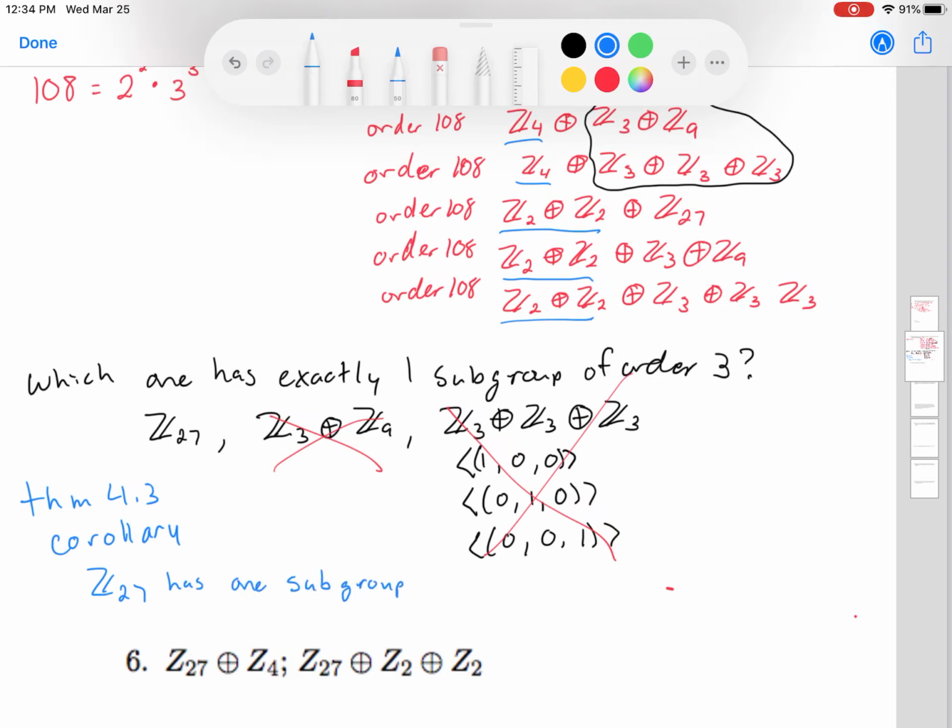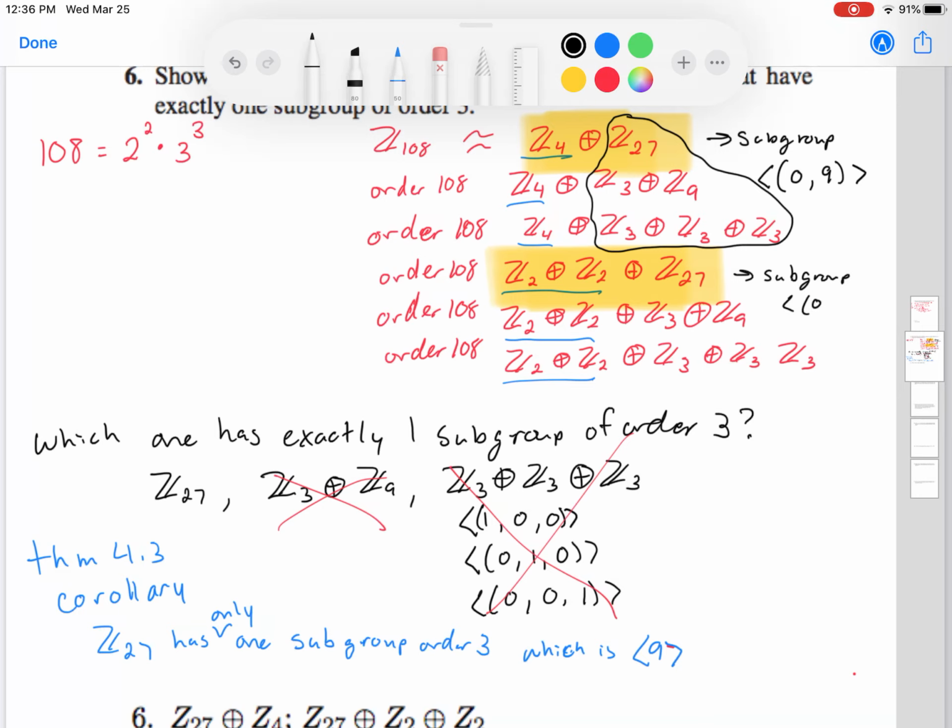And here our subgroup would be 0, 0, 9. So we've shown that there's exactly 2 abelian groups of order 108 that have exactly one subgroup of order 3. So we have just these 2 groups.